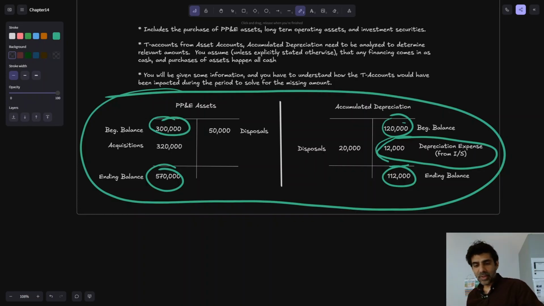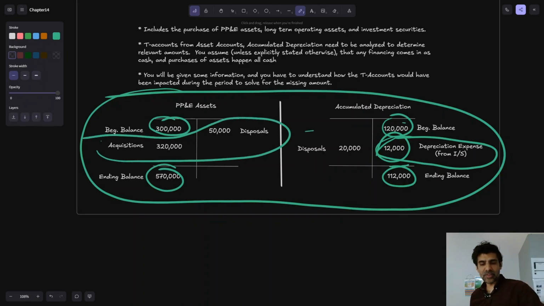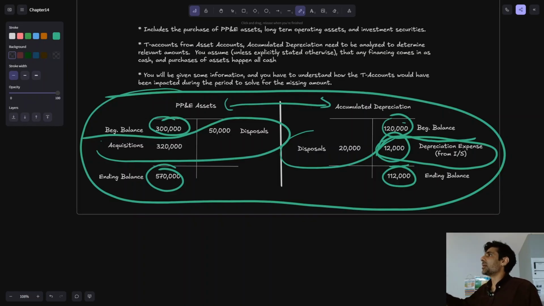You'll use the income statement to get this. And then you will have to figure out all this middle stuff, these changes, because they're related to cash. So though neither of these accounts is cash, you can assume that cash was involved, like for example, to buy these assets.